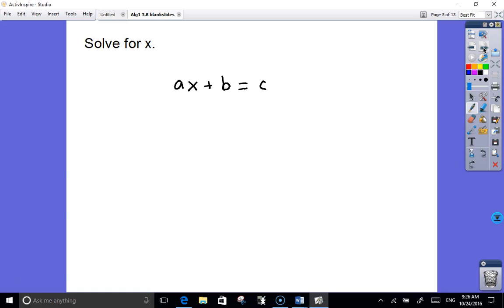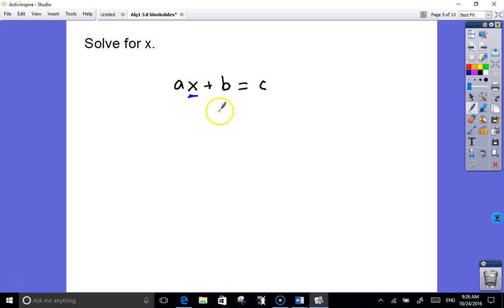So we still have to look at something like this and say, okay, there's the variable. What's with that X that I need to remove? It's got the A, which is multiplying, and the B, which is added. Which one do we try to undo first? The B. Remember, it's reverse order of PEMDAS, so you would undo the add before you undo the multiply.